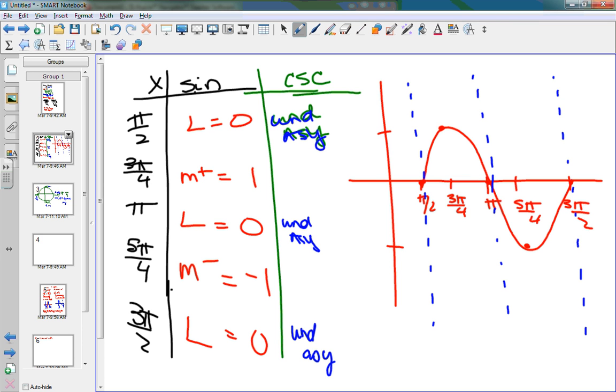Now, for the maxes, we have a parabola opening up, which means that max is actually going to be a minimum vertex, which means it opens like that. Can we see that? Over here, our minimum down here, again, is going to turn into a maximum vertex.